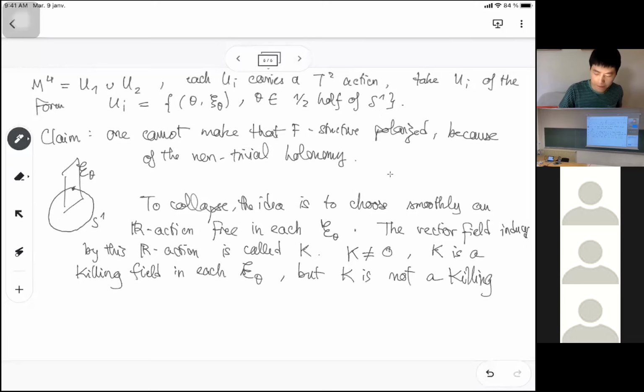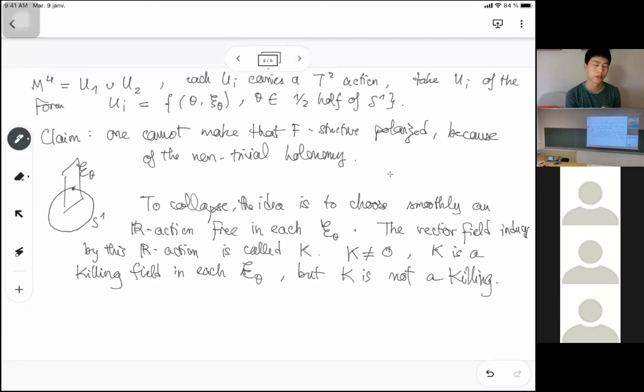So, right, what's the picture here? Just to say it with words. You have your 4 manifold, which is a kind of E theta bundle over S1 with non-trivial holonomy. And so in particular, you have a nice local T2 actions, but you cannot make it an S1 action. However, what you do is you pick in each slice E theta an R action that is free. That's always possible.